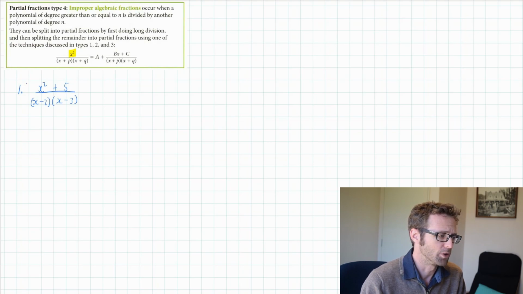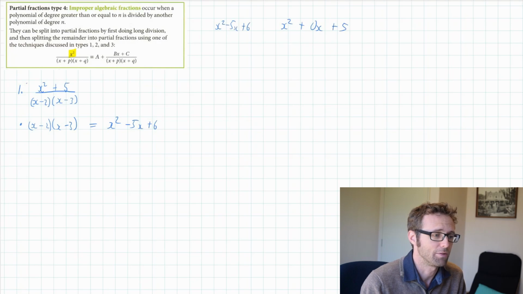First of all, I'm going to expand out my brackets. x minus 2 times x minus 3 is equal to x squared minus 5x plus 6. So over here I'm going to do x squared plus 0x plus 5, and divide that by x squared minus 5x plus 6.